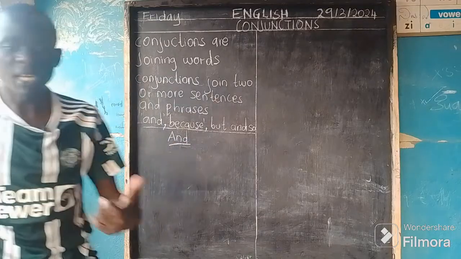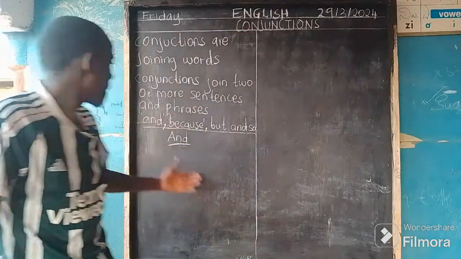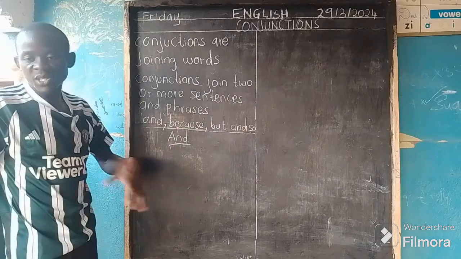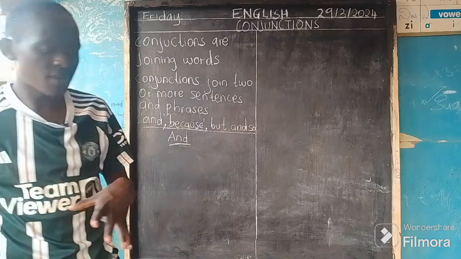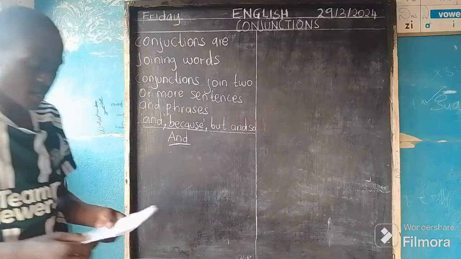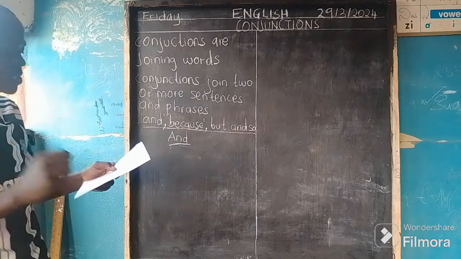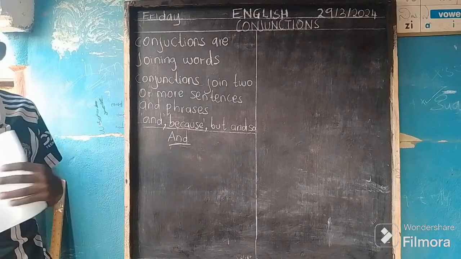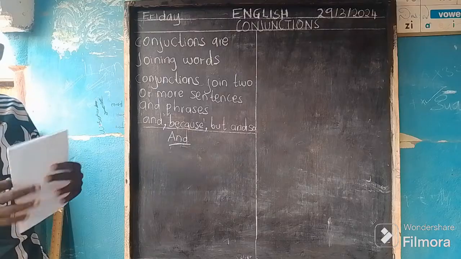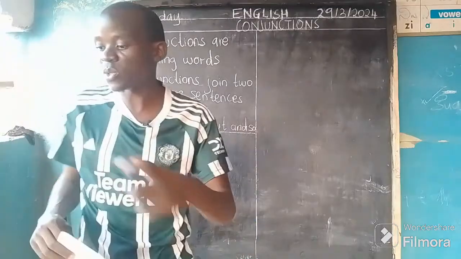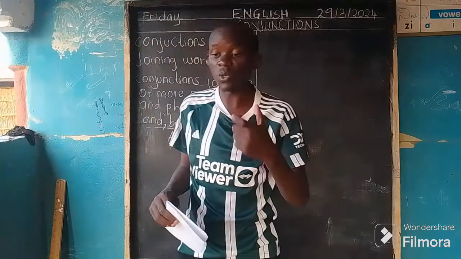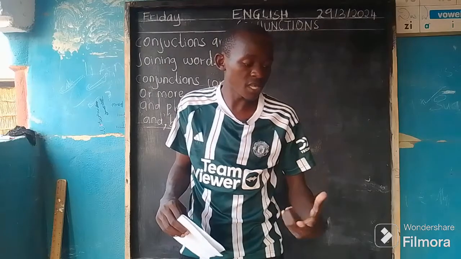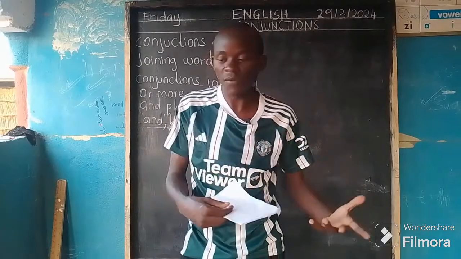And is a type of conjunction. And every conjunction has its different function. So with and, it joins 2 positives or 2 negatives together. They can be sentences or phrases.